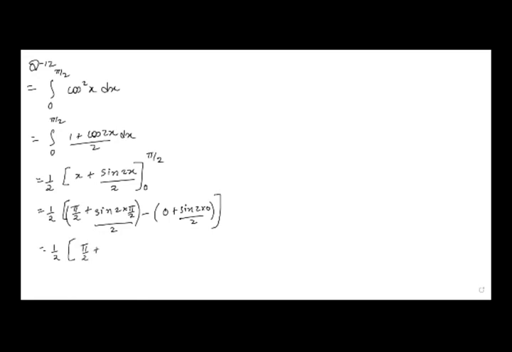So pi by 2 plus this 2 will get cancelled out, and sine pi is 0, and sine 0 is also 0. So I will have my final answer as pi by 4.